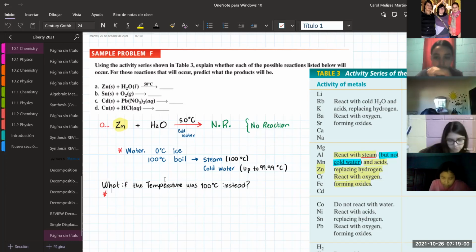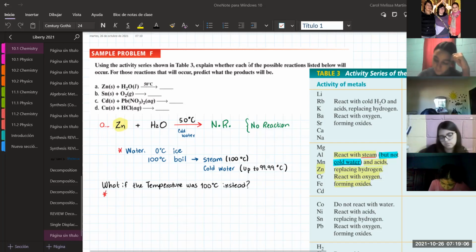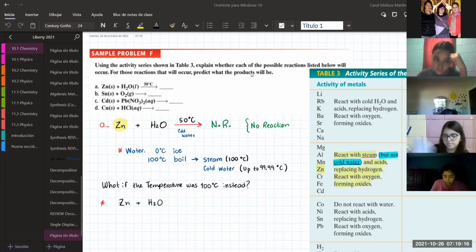So, what if the temperature was 100 Celsius degrees instead? So, going to do the example. Zinc plus water at a temperature of 100 degrees Celsius. So, what is going to occur?